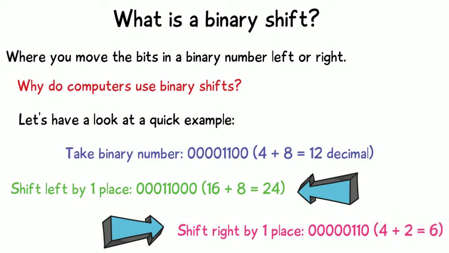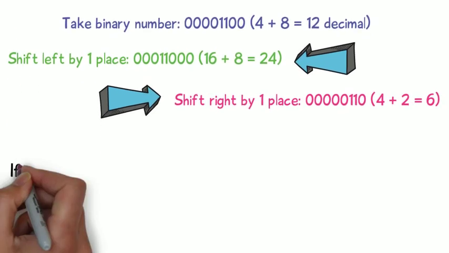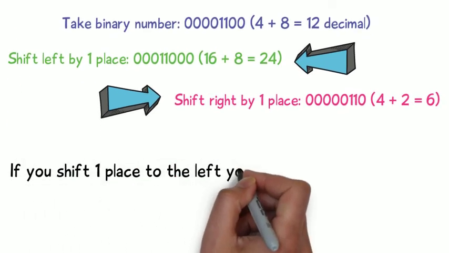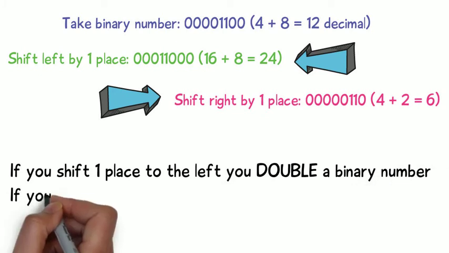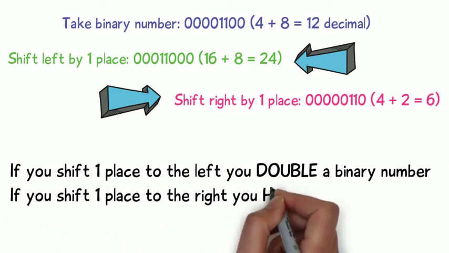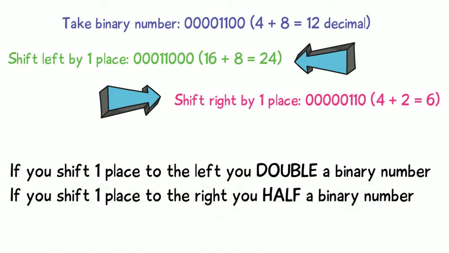And that now gives us 6. So our original was 12, we shifted it to the left, we got 24, we shifted it to the right, and we got 6. So in other words, if you shift one place to the left, you double the binary number, and if you shift one place to the right, you end up halving it.